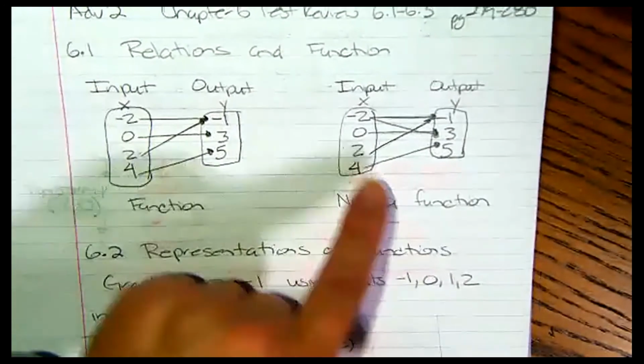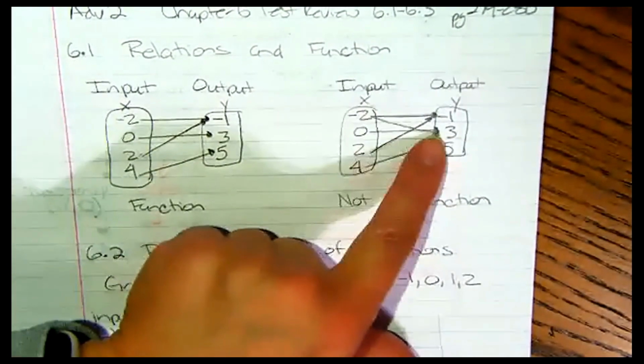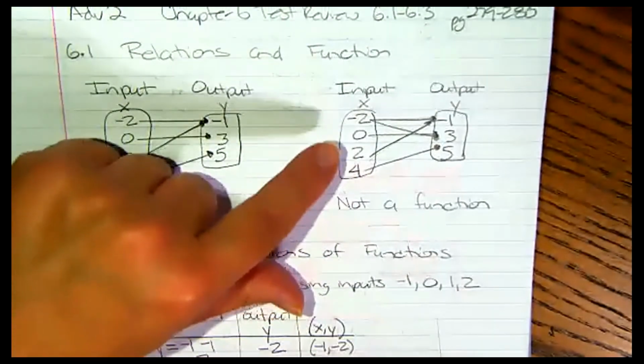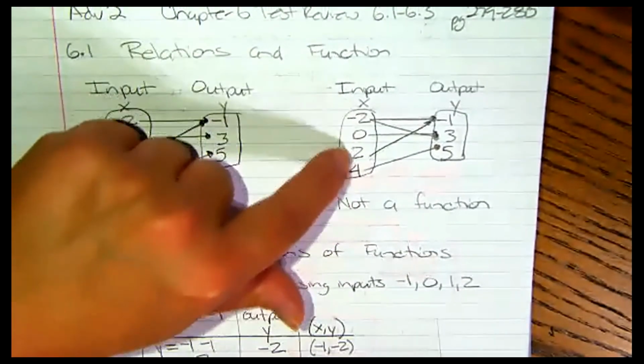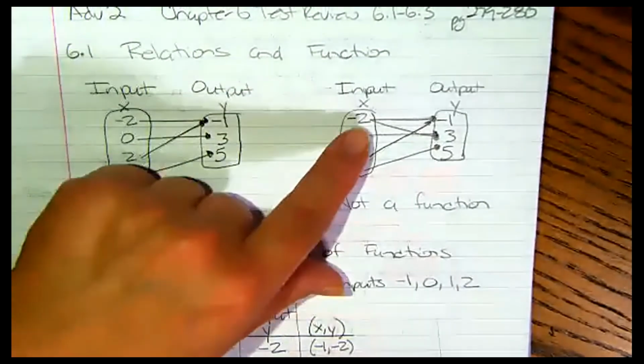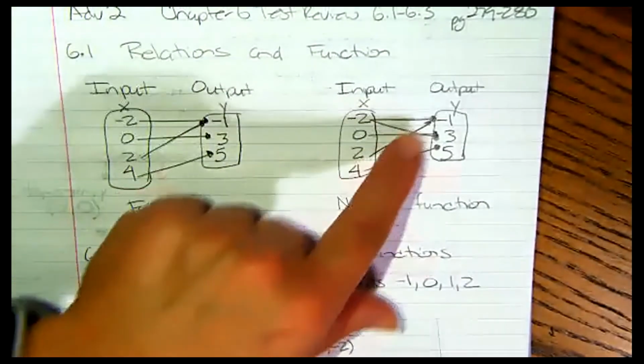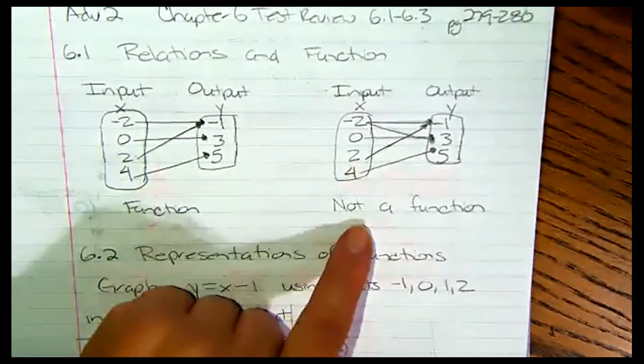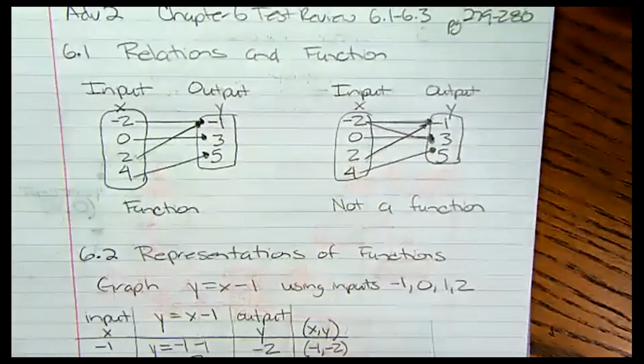Here, -2 has 2 outputs. And a good way of determining that is if you count every input, 1, 2, 3, 4, then count your arrows, 1, 2, 3, 4, 5. I have 5 arrows, but 4 inputs. So this is not a function.